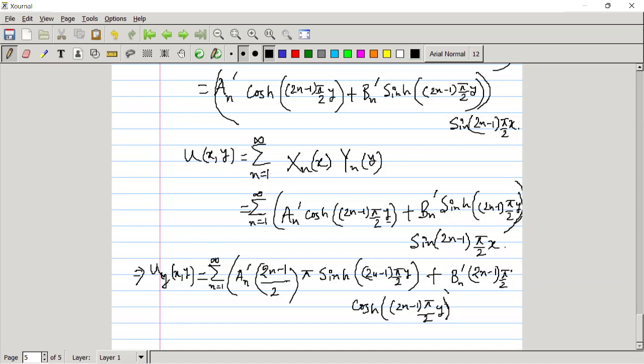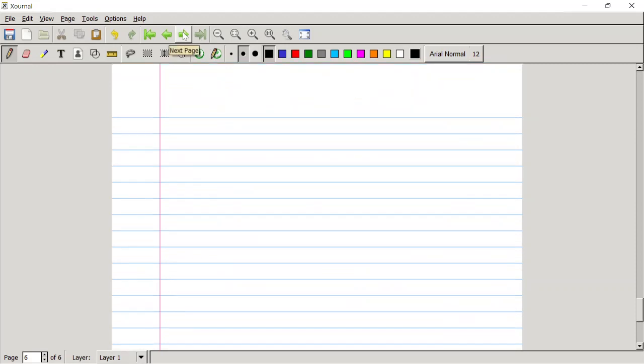Whole bracket close into sine of (2n minus 1) pi by 2 into x, because we are differentiating with respect to y, so x will be treated as constant.